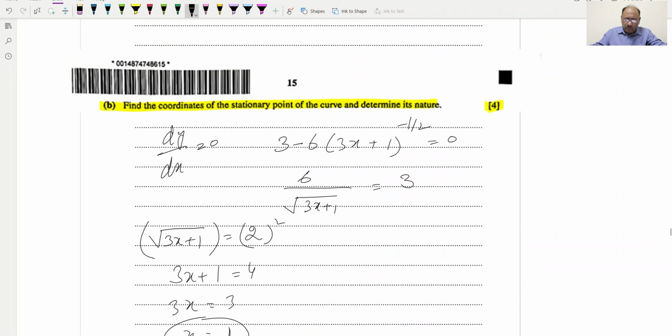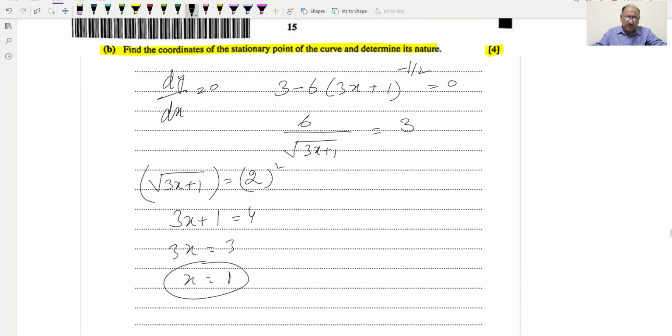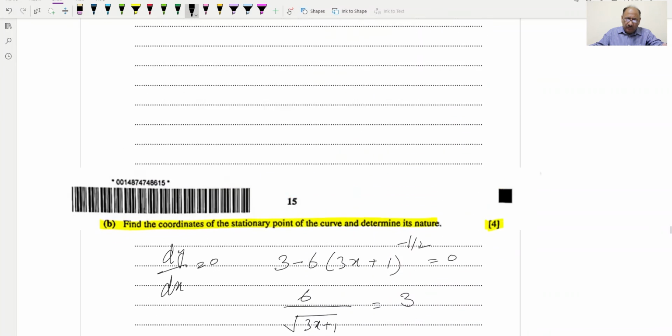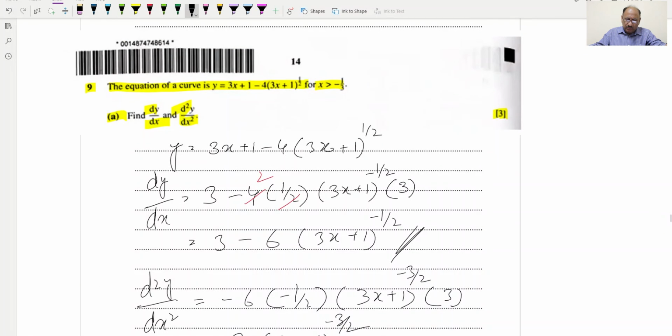Find the coordinates of the stationary point. For x is equal to 1, we require the y value also, so we can find the y value. We have this equation, so y is equal to, we can use this equation basically.